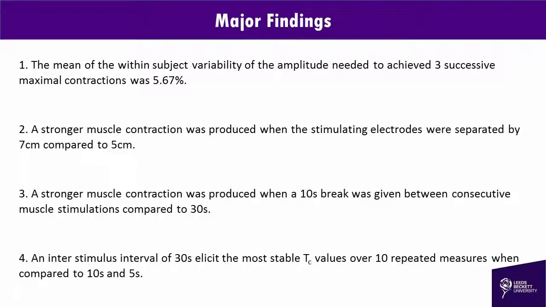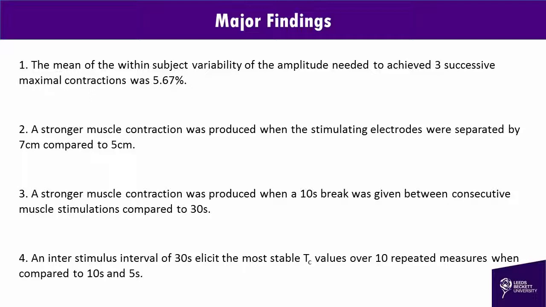The major findings from this research are that the mean of the within-subject variability for the amplitude required to get to maximum contraction 3 times within 1 hour, which is a usual experimental time in our research, is 5.67%. We are getting a stronger muscle contraction when we use 7 centimetres distance between the electrodes compared to 5 centimetres.